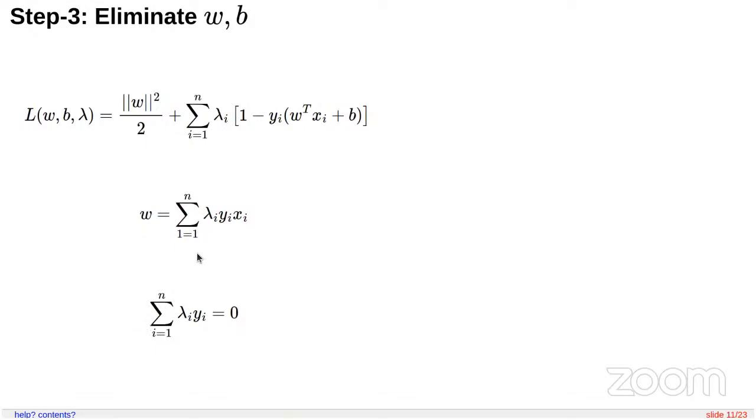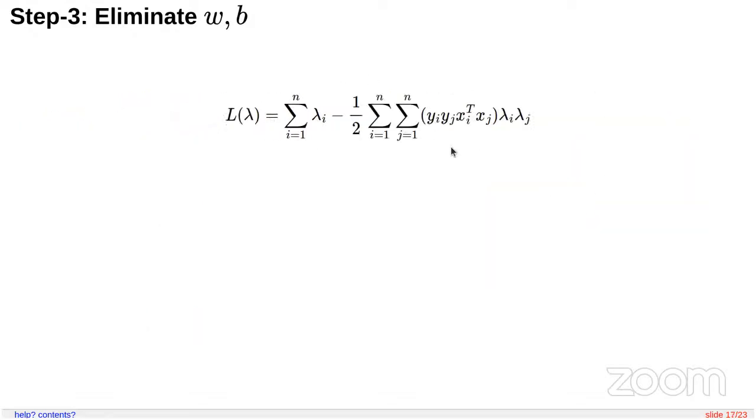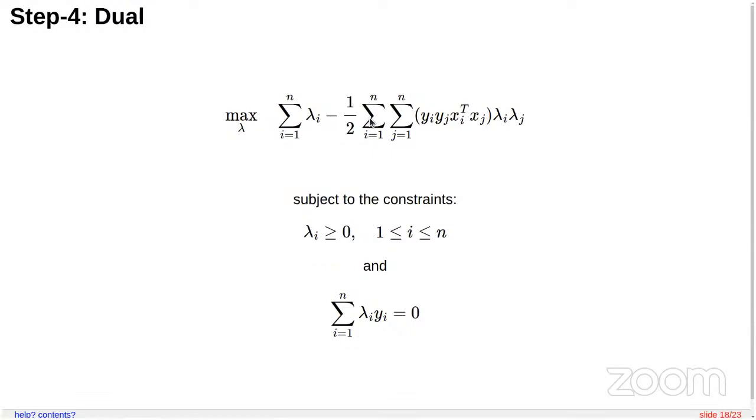So we eliminated W and B from the objective function of the primal, rather this Lagrangian, and we ended up with something that has only the lambdas, the Lagrange multipliers, and this is the dual objective function.